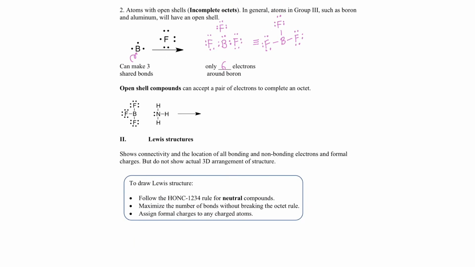Now, even though boron is happy with 6 electrons, it can also accept a pair of electrons to complete an octet. So, for example, if you have NH3 ammonia, we're going to use an arrow to show flow of electrons.